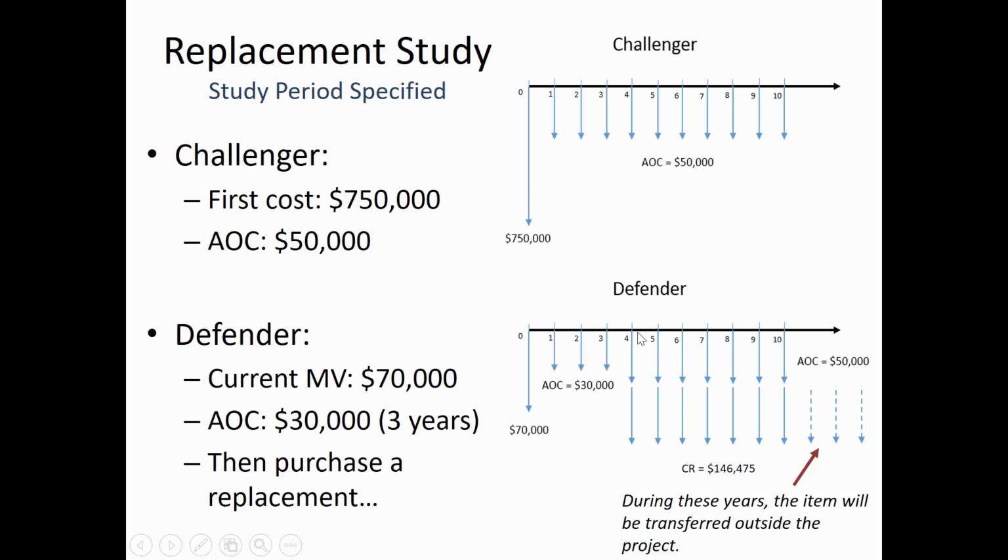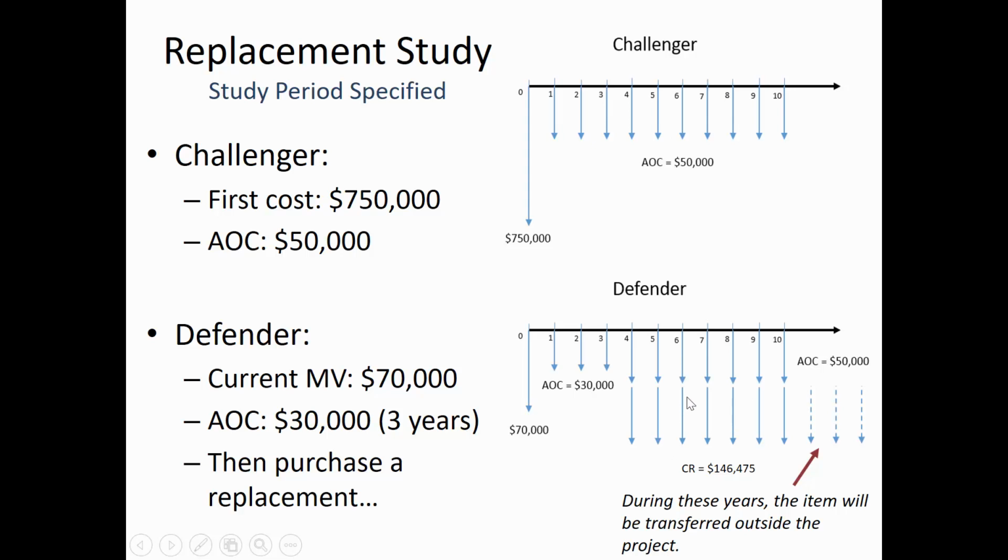So we'll have combined annual costs of $50,000 for the operating and $146,475 for the capital recovery. So we need to find out which one is cheaper on the basis of annual worth, because the question isn't just which is better, the question is also how long to keep it.